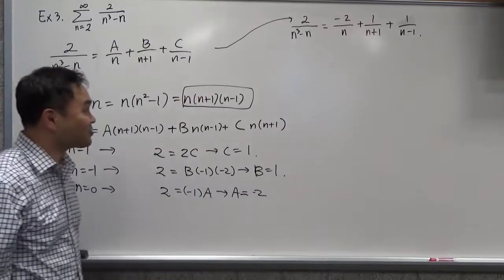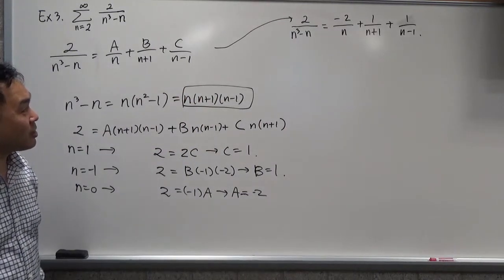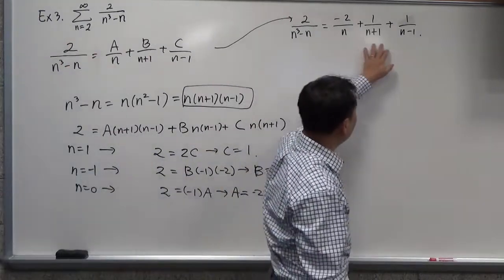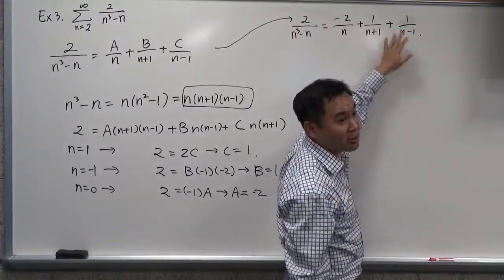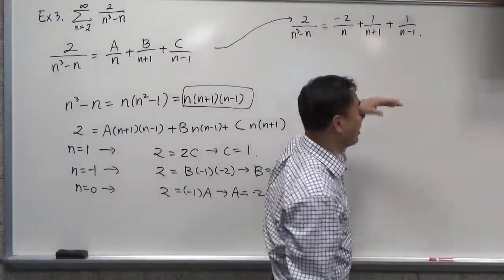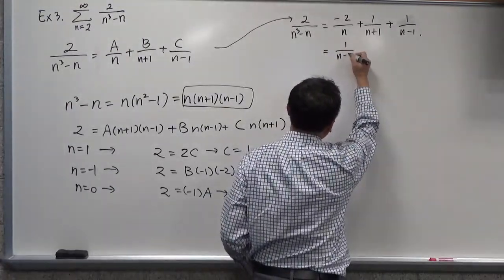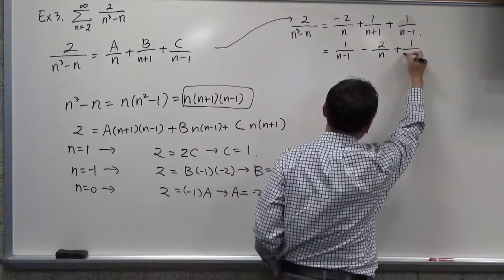Now, it's a bit tricky if you start plugging in n equals 2 and upwards to this side, because it's not in order. So let's reorder this so that the denominators are in increasing order. That way it's easier to see the pattern. So let's rewrite it as 1 over n minus 1, minus 2 over n, plus 1 over n plus 1.